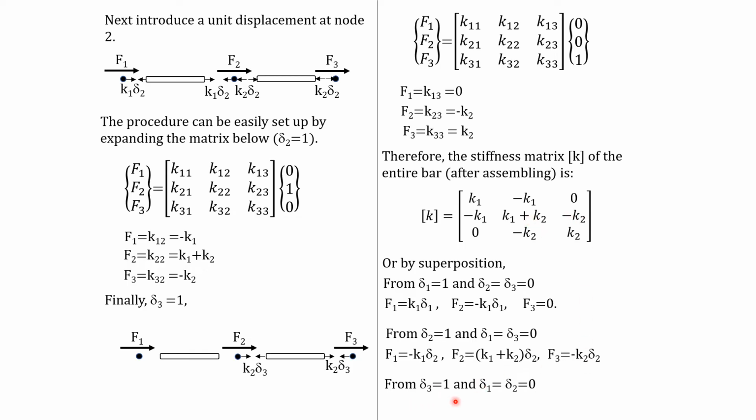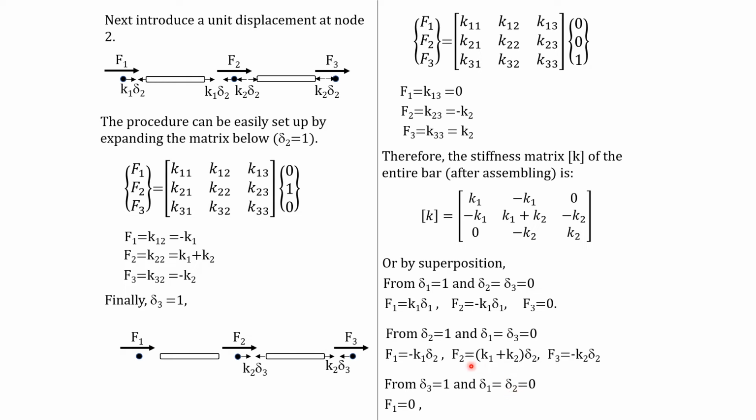Then delta 3 is 1, and delta 1, delta 2 are 0. So F1 equals K1 delta 1, and delta 1 is 0, so this is 0.